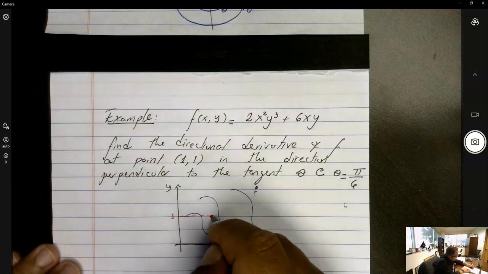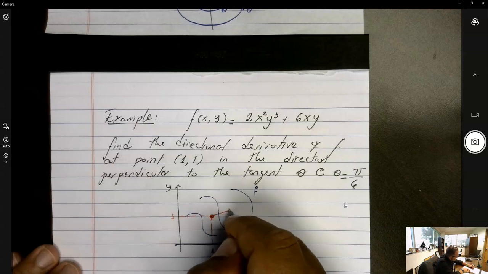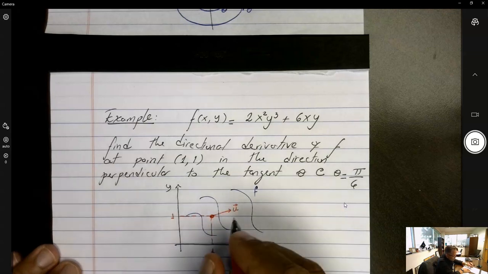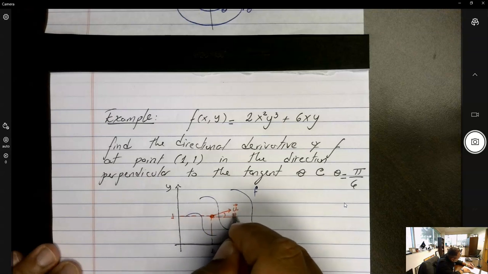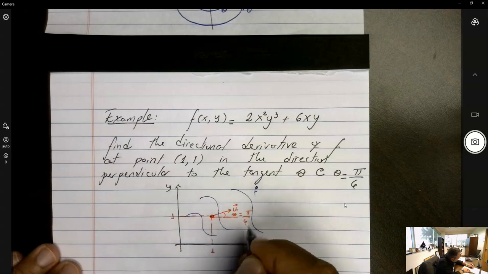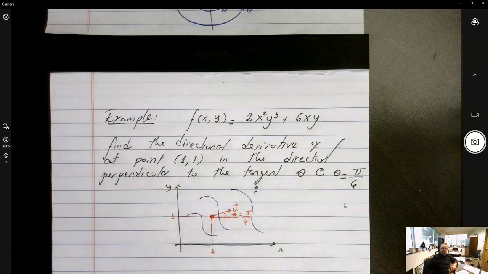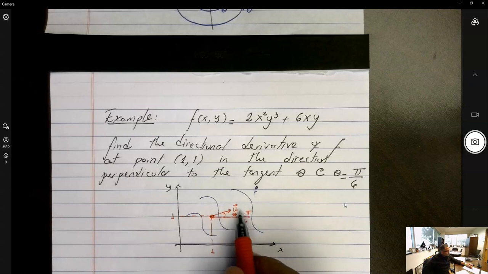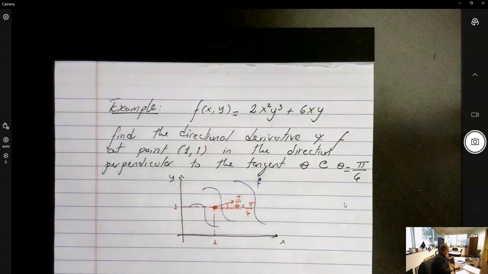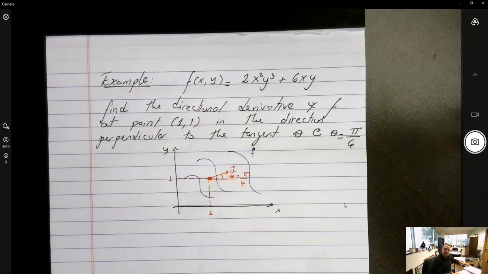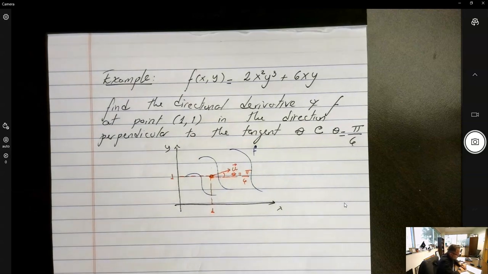But now we want exactly what happens in the direction u, which is at an angle theta equals pi over 6. What is the derivative of the function exactly in that direction? Perhaps because that direction is something special. It basically might mean that that is the direction in which we want to build a sensor, a line sensor, and then we want to know what's happening to that function along that line and at that particular point.